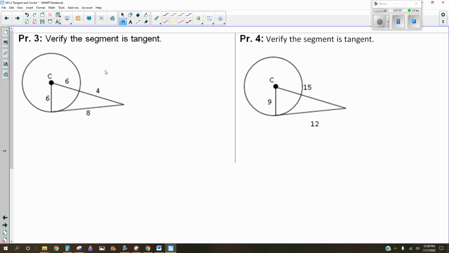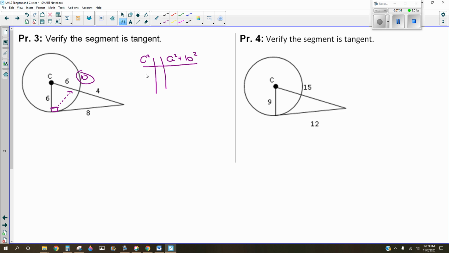Verify if this is tangent. So we're checking to see if this is a 90-degree angle or not. C is this entire side, so that's 10 altogether, 6 and 4. The whole thing's 10. So C squared, A squared, B squared.